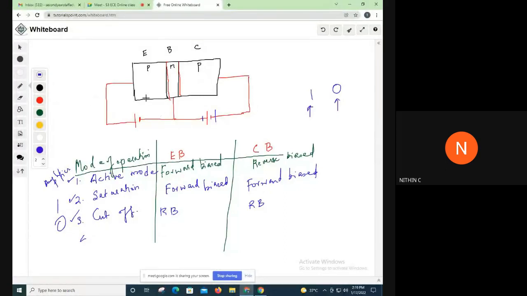If you consider this as the input and give a signal of this much amplitude, and consider this as the output, you need to get a much bigger signal, higher in magnitude than the input. Then we can say it is an amplifier. We give a small signal here, and if we get a signal of larger magnitude at the output, we call that process amplification. So that is also an application of the transistor.